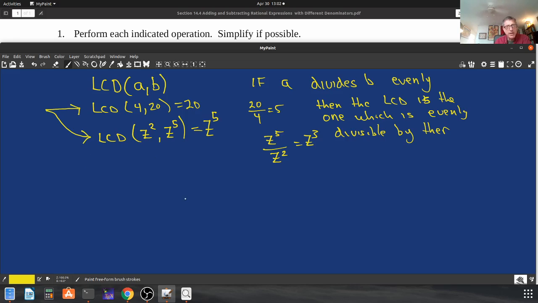And then we have another one, the LCD of A and B when A and B share no common factor.